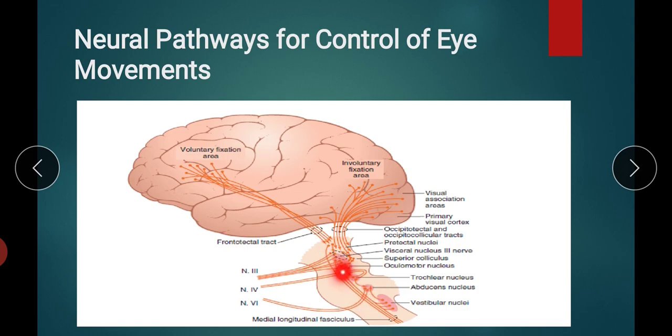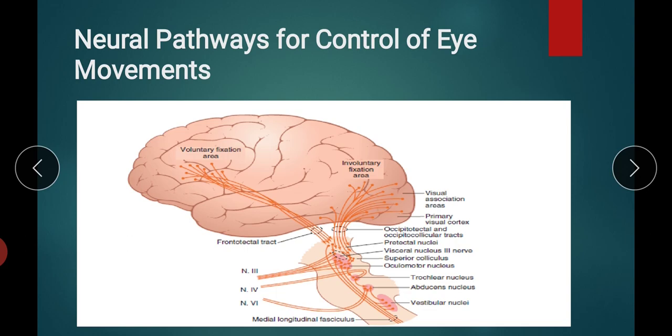One type of bundle is formed by the fibers which make the interconnection between the third, fourth and sixth cranial nuclei, as well as with the vestibular nuclei, and that bundle is known as the medial longitudinal fasciculus. This medial longitudinal fasciculus is mainly responsible for the movement of the eye along with the movement of the head.